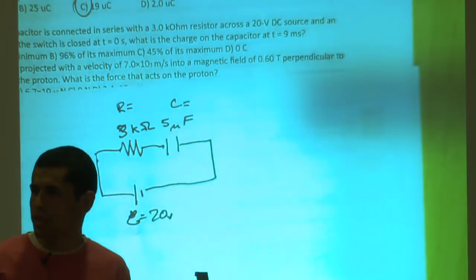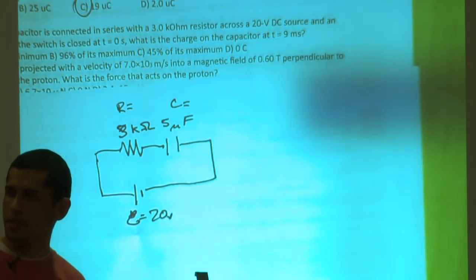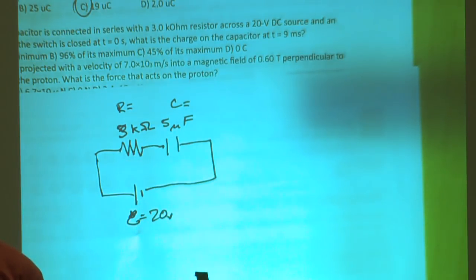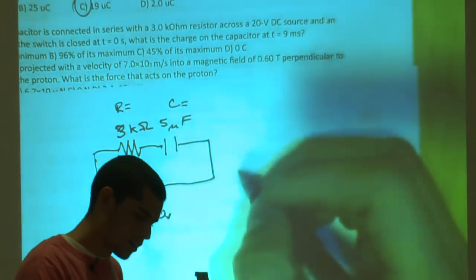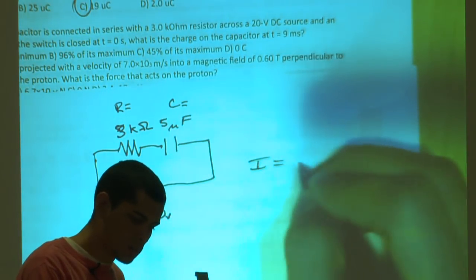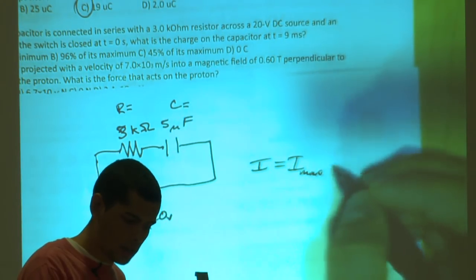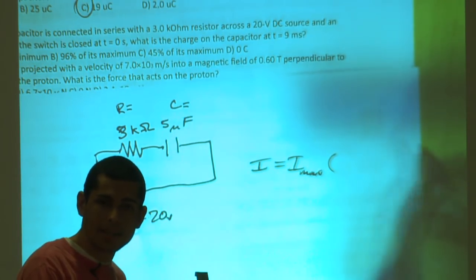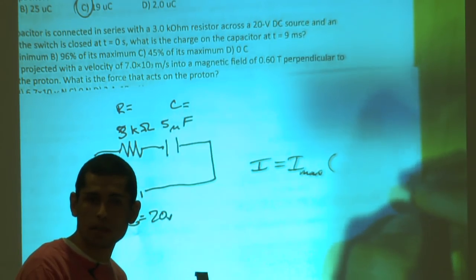Okay, so what equation are we going to use for this? Who can read this question and think what equation we're going to use? The exponential one, right? So the current at any point is equal to our max current times, what is it? Is it 1 minus e to the, or simply e to the what?